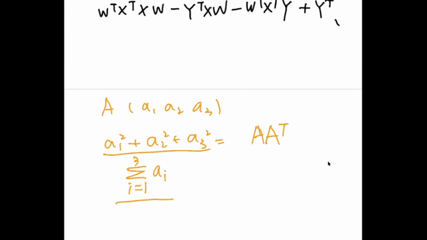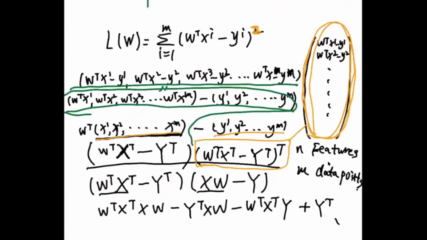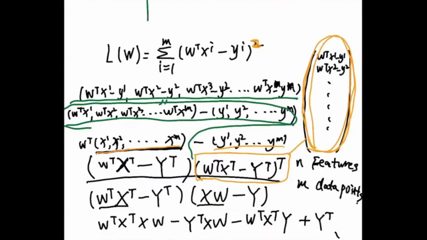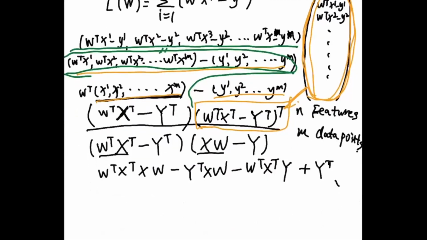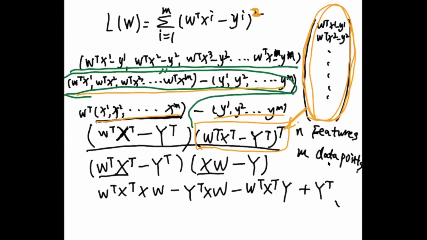It should be A multiplied by A transpose. That's why we need this transpose term, and this term is this one. I didn't derive this part because it's exactly the transpose of the first term. I just derived the first term, then you put it here and add a transpose.